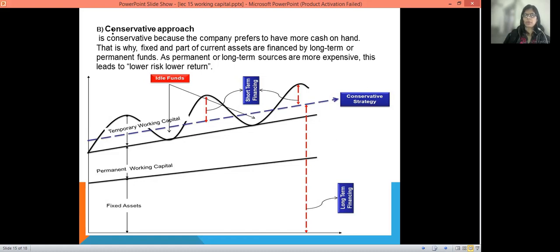Permanent and long-term sources are more expensive. It leads to lower risk and lower return. So that is the concept of the conservative approach, and this diagram totally defines how the conservative approach works.